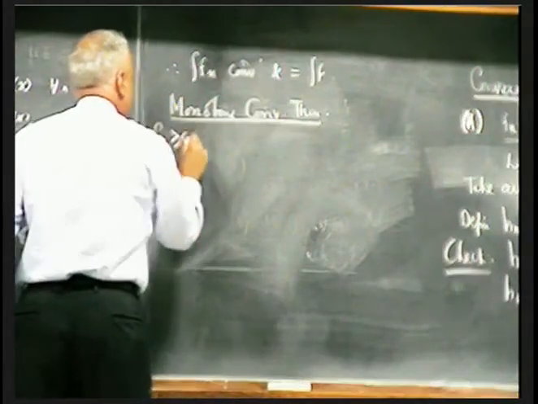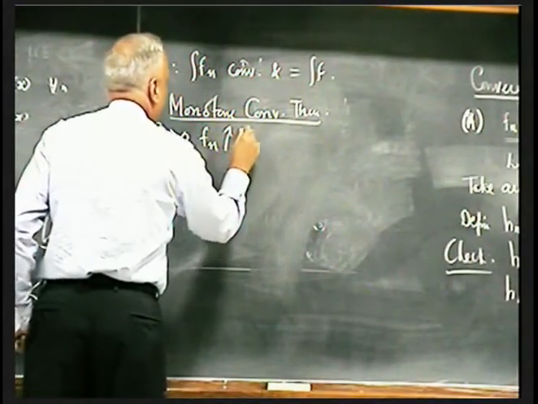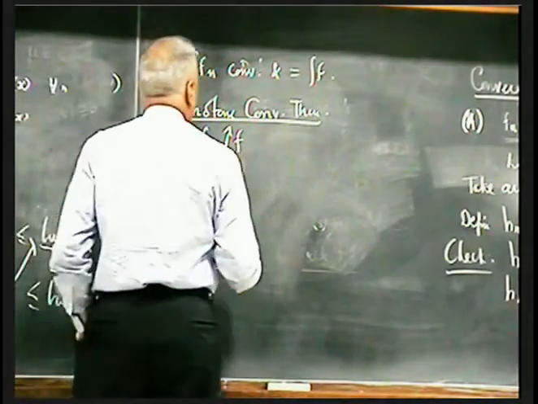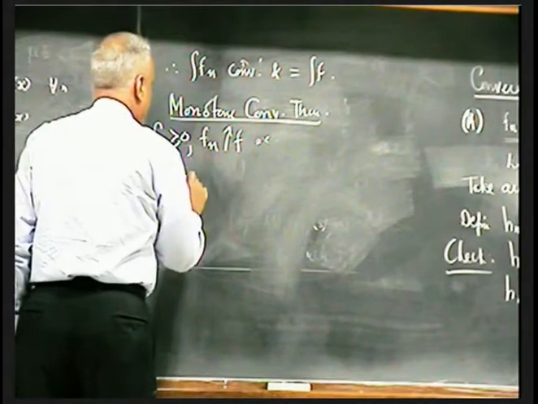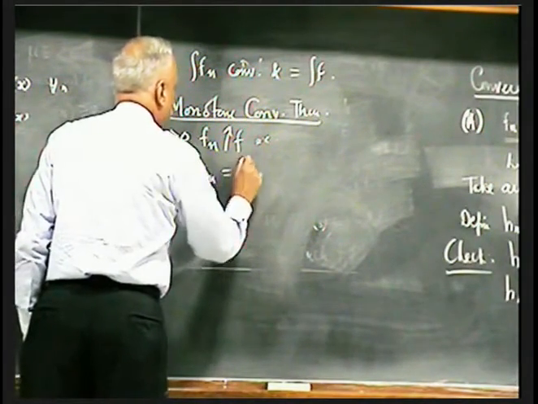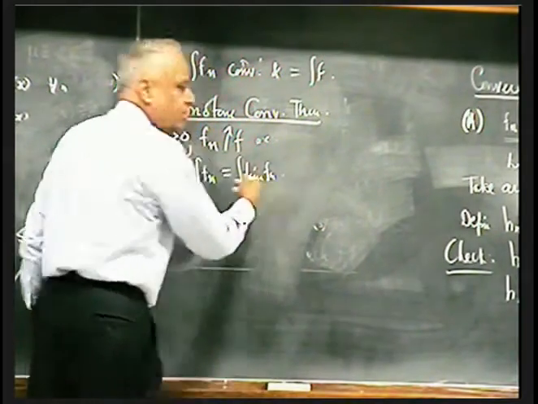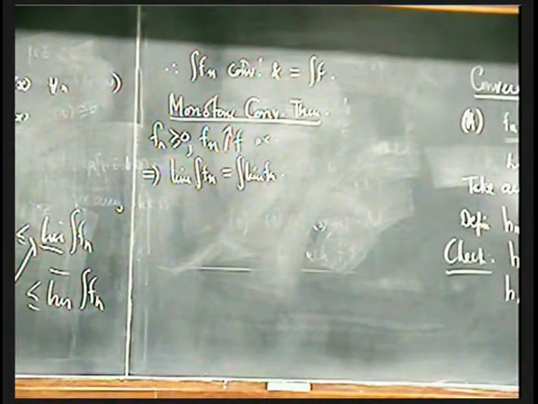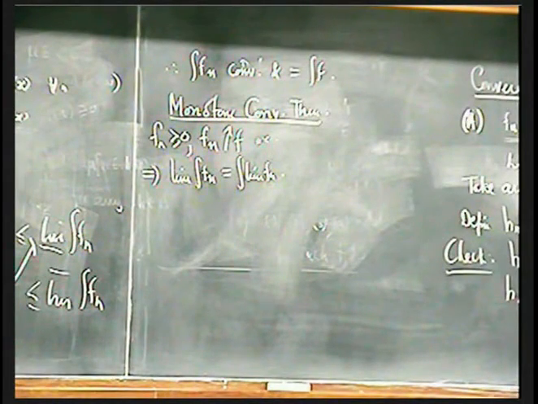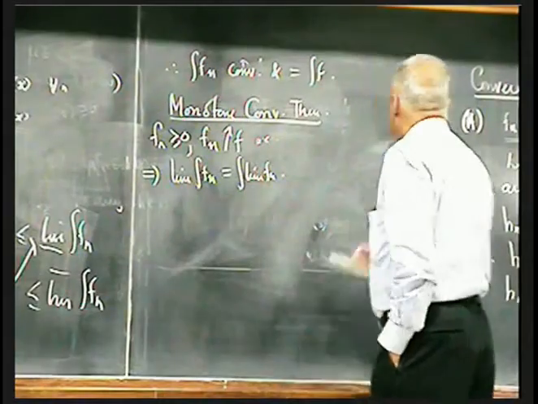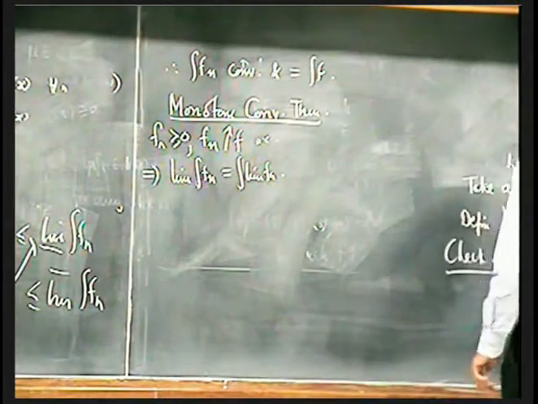If Fn is greater than or equal to 0, and Fn non-decreases to F almost everywhere, this implies the limit of the integral of Fn is equal to the integral of the limit of Fn, that is, the integral of F. So that is the one other theorem where you have this process of interchanging the limit, and all these are invalid in Riemann integrals. Lebesgue got them all nicely. Not necessarily true in Riemann integrals, even with this monotonicity condition.